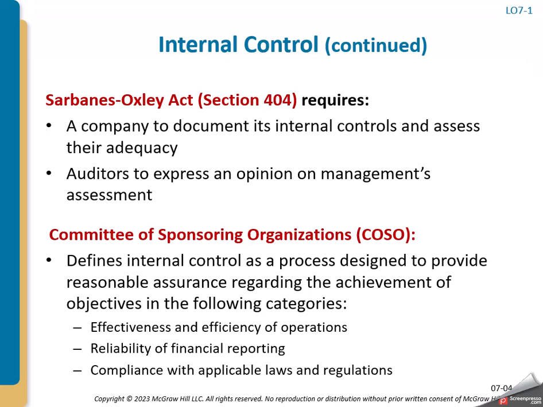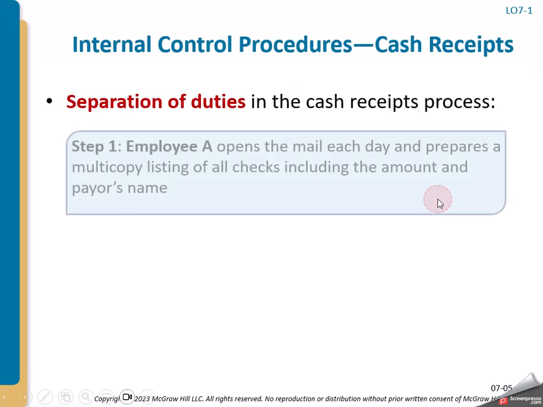The Committee of Sponsoring Organizations is who kind of oversees the internal control process. And again, it goes back to wanting to have effective and efficient operations and reliable financial statements.